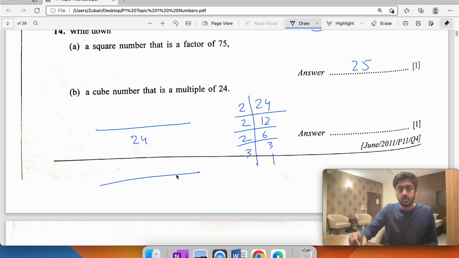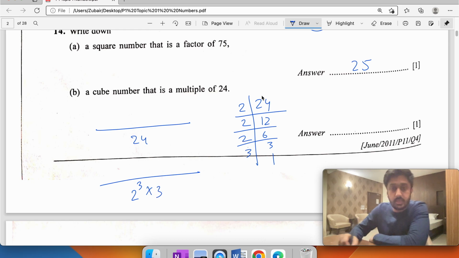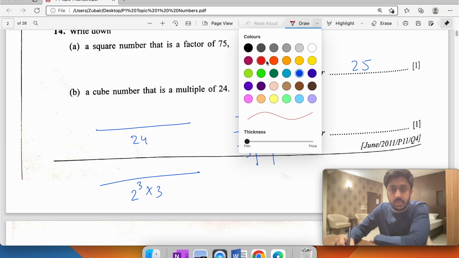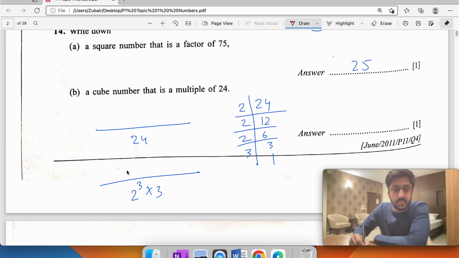So actually in the denominator we have 2 cube into 3. So if there is a cube number in the numerator, it must have minimum of 3 2's so they can go through it, and one 3 at least, but it is a cube number, so definitely this would be a cube.